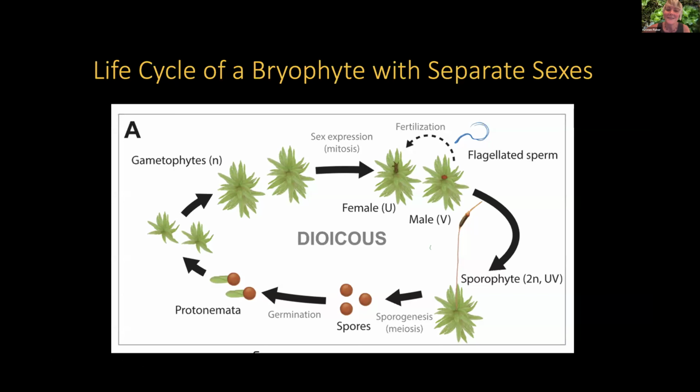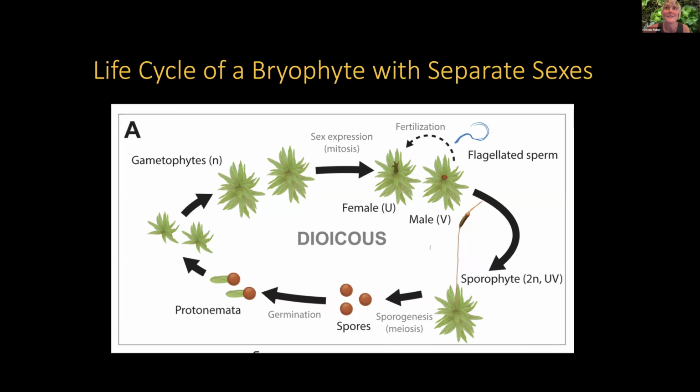And you may be familiar with the terms dioecious or monoecious, which refer to the unisexual or hermaphroditic state of flowering plants. Some flowering plants are unisexual, so just single sex.